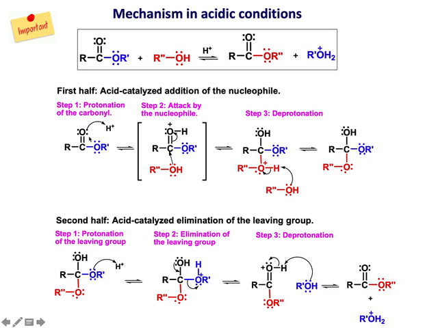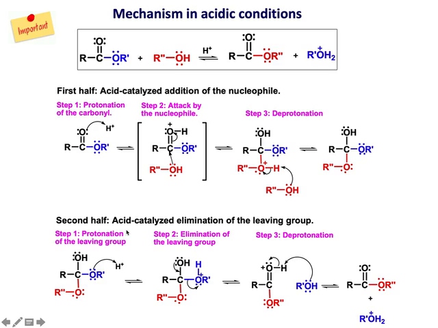After protonation it becomes more electrophilic, then the nucleophile can attack on this C double bond OH. Step 3, deprotonation, using the same reagent. The lone pair from the reagent abstracts this proton, and it becomes OR, with this one as a side product.